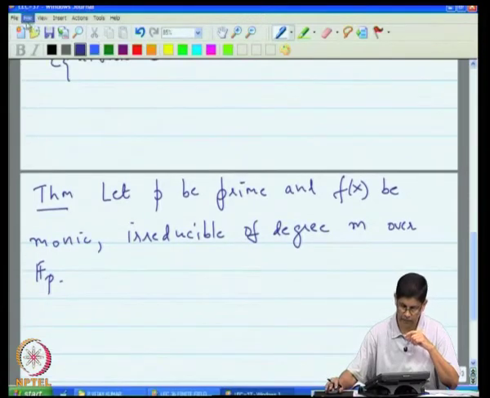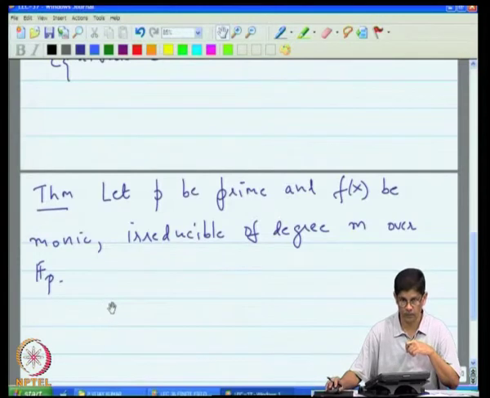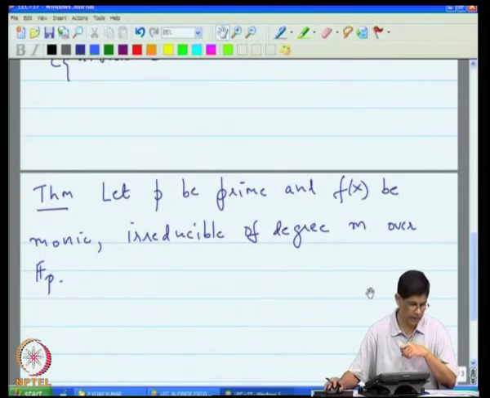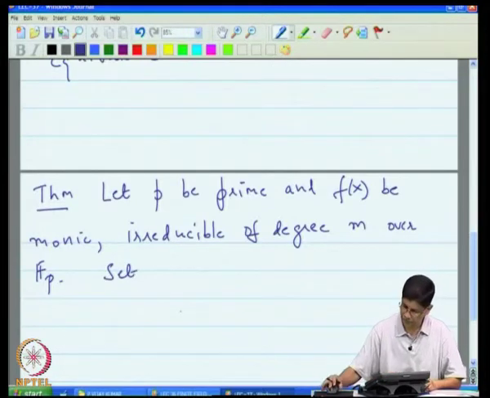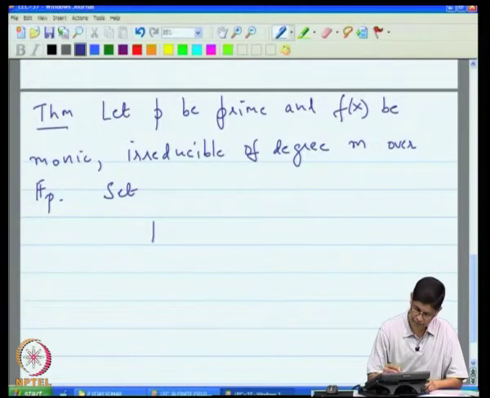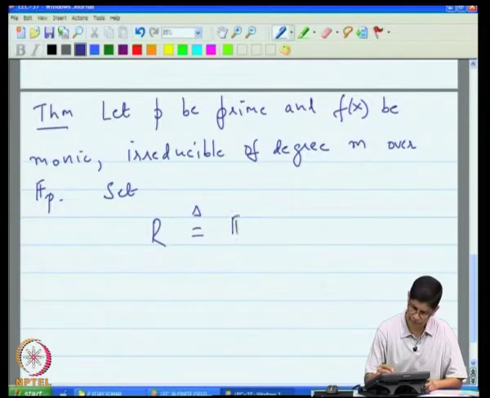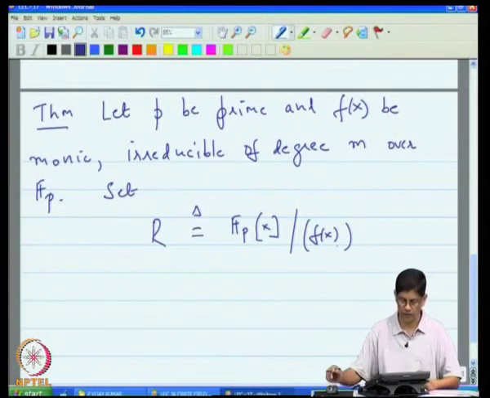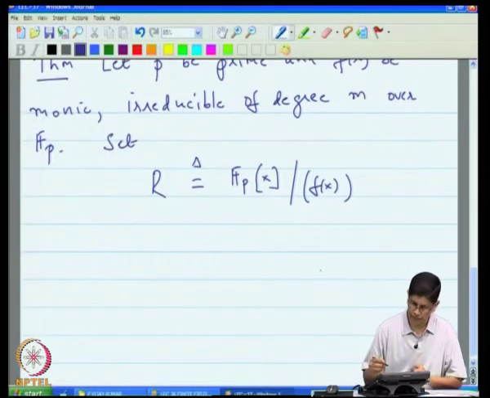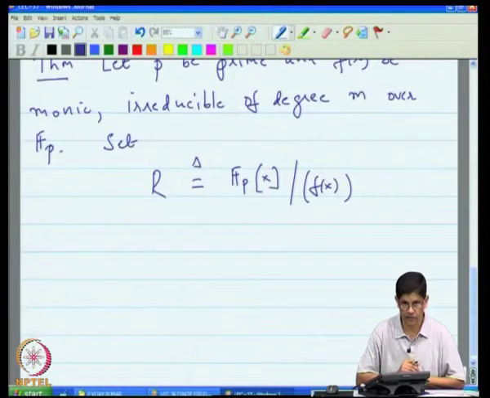When you say that a polynomial is over F_p, what you mean is that the coefficients of the polynomial lie in F_p. And then we set R, we define R to be F_p of x modulo f of x. So we know that this is a collection of equivalence classes.